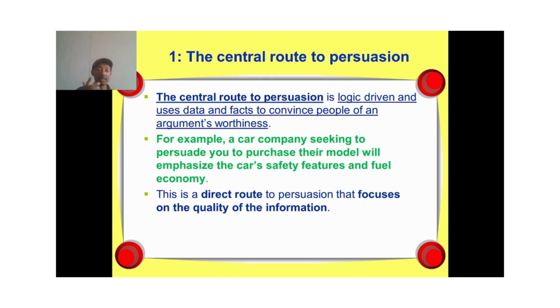So the case that low intelligence is more associated with higher persuasion, that means low intelligent people are more likely to be persuaded than higher intelligent people, is based on the model. According to this model, for instance, people with higher intelligence are likely to be persuaded using the central route to persuasion.